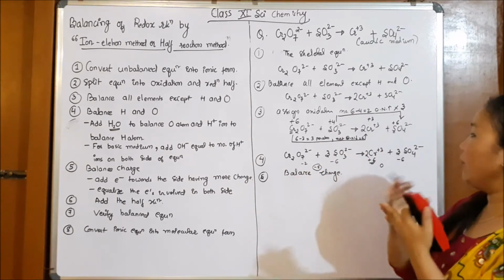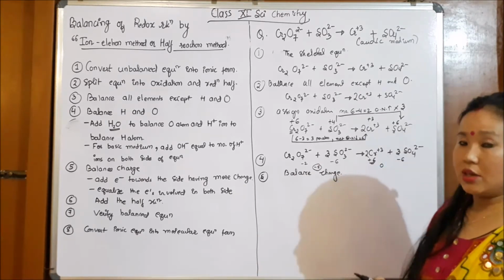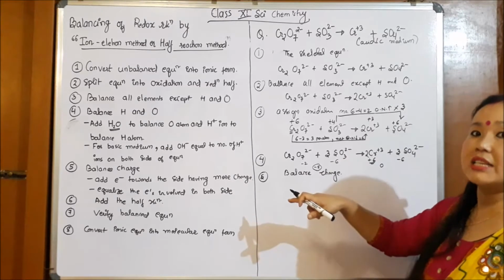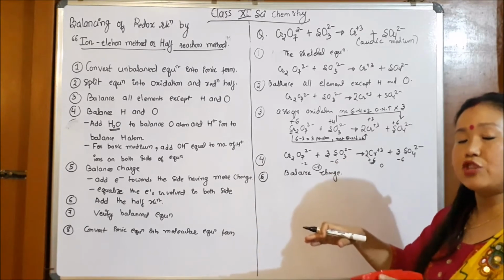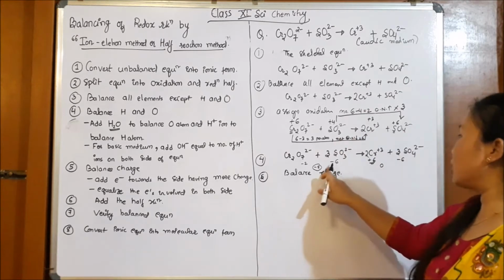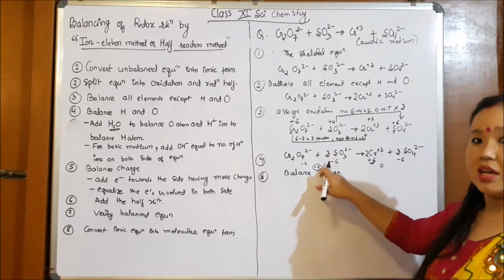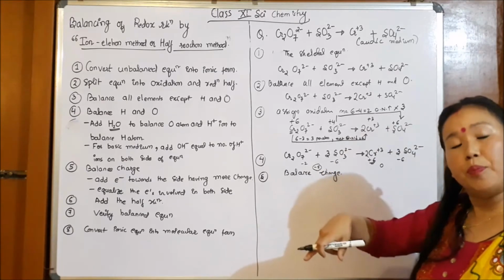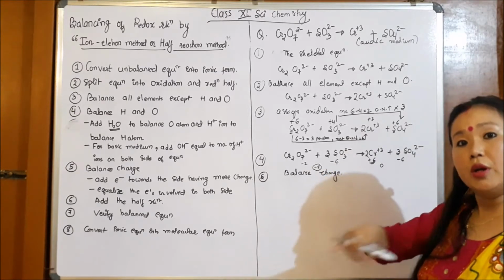You are adding positive charge, on the side where the negative charge is more. Here the negative charge is more, so minus 8 has to become 0, so you need to add plus 8.